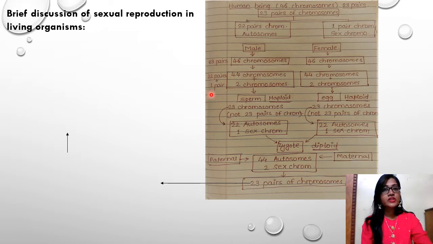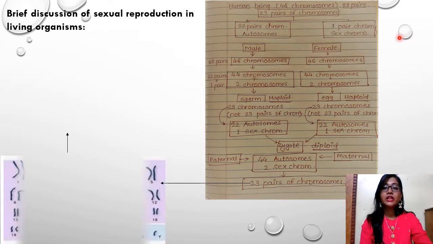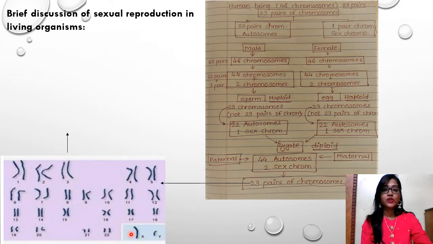Sex is not determined by these autosomes, but all the other characters like color of hair, color of eye, complexion, height, whatever other characters which are phenotypic or genotypic, are expressed by these autosomes. While a pair of sex chromosomes is present, and that determines the sex of the zygote.